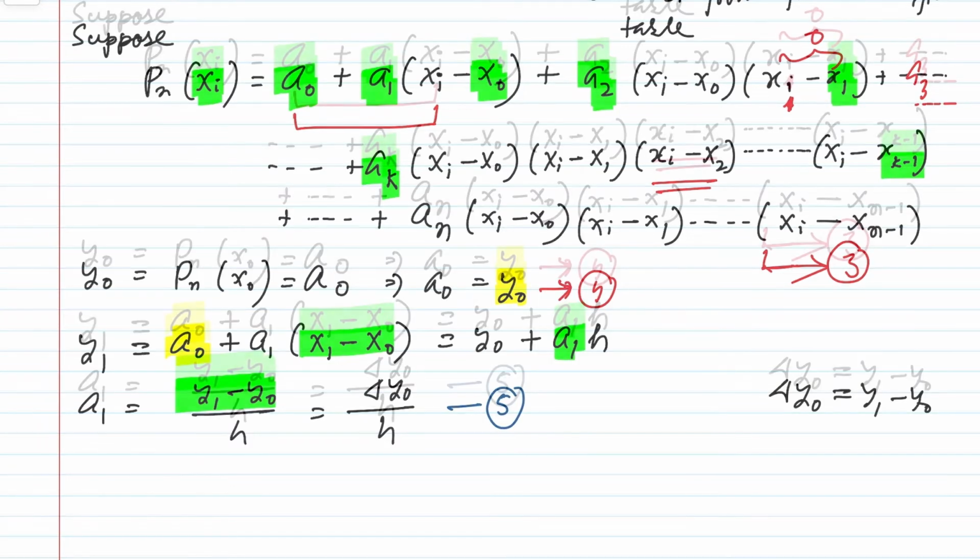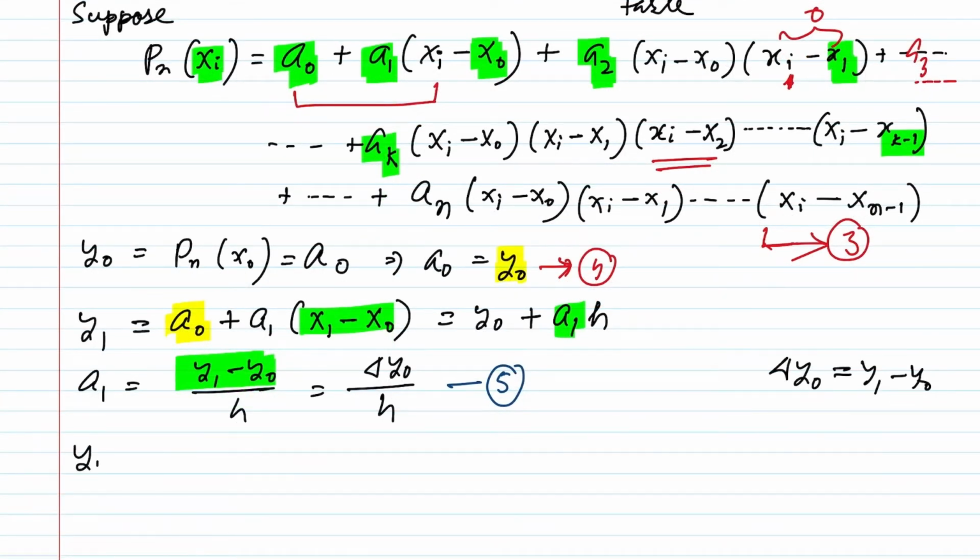Now similarly, if you find y2, that's going to be equal to, from equation number 3, a naught plus a1 into x2 minus x naught.